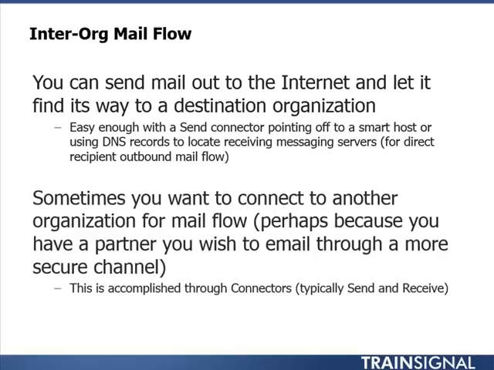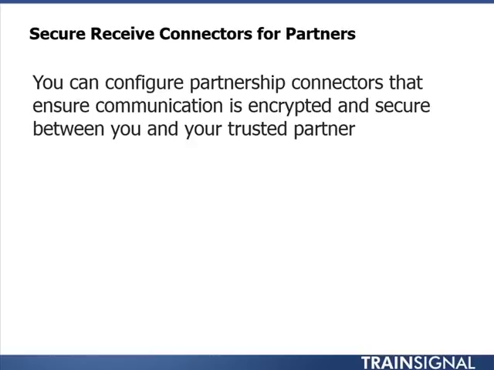Sometimes, however, you want to connect to another organization for mail flow, perhaps because you have a partner that you wish to email through a more secure channel. So this is accomplished through connectors. Typically you establish send and receive connectors in order to create these partnership connections. Ultimately, you can configure partnership connectors that ensure communication is encrypted and secure between you and your trusted partner.